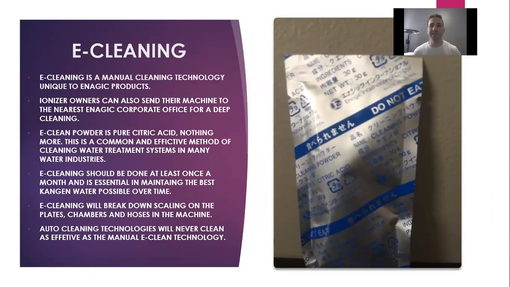When you do these e-cleans at least once a month, and you're breaking down the scaling, you're going to be maintaining the therapeutic levels of the water being produced over time. So a year or two, 10 years down the road, the water is still going to be tasting and being as therapeutic as day one, because you're cleaning and descaling the plates. When the water makes more contact with the plates, you get more therapeutic properties in the water.